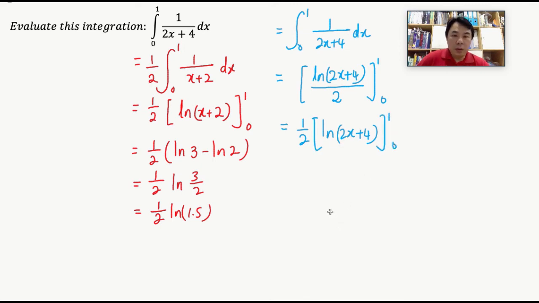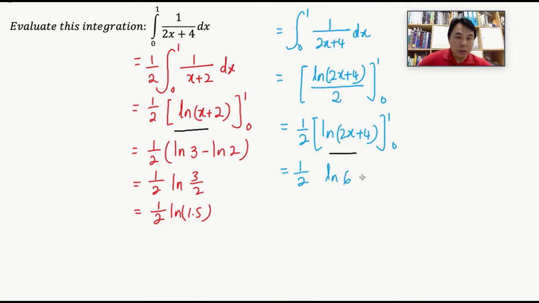All right, now you would notice that this section here and this section here is totally different. So how interesting is that? We're going to finish off and then check whether the final exact answer is the same. It'll be very interesting to find out. Right? So here we're going to substitute 1 into x.